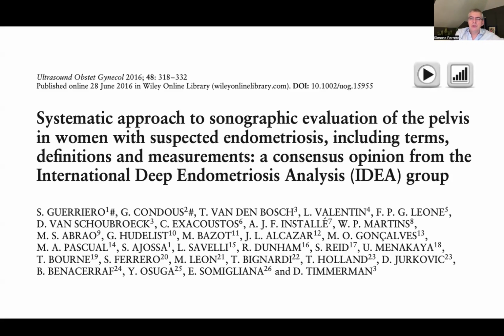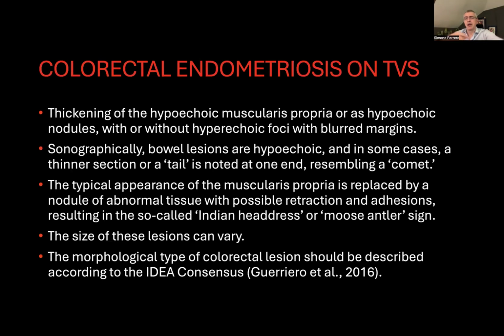The use of transvaginal ultrasonography for the diagnosis of rectosigmoid endometriosis was standardized in the 2016 IDEA consensus, which reported the description of the assessment of deep endometriosis and included, obviously, the assessment of the rectosigmoid.